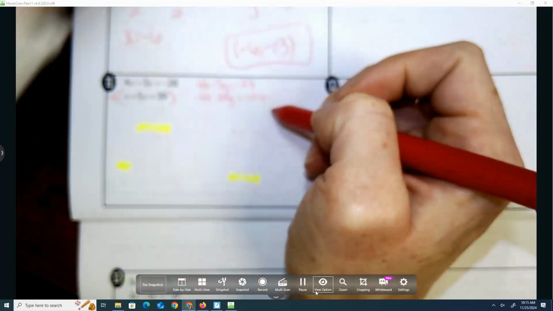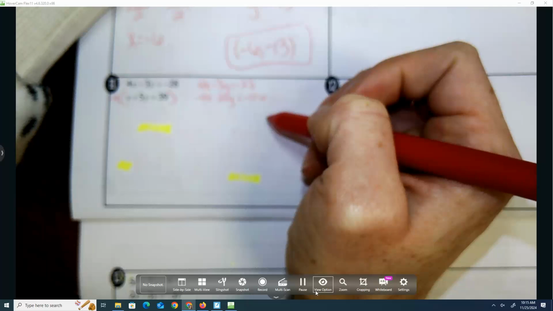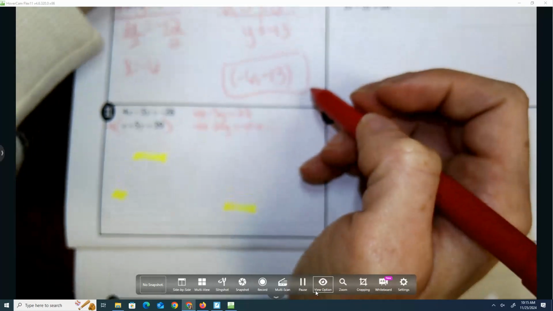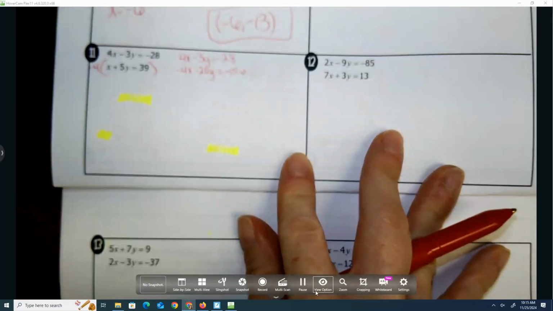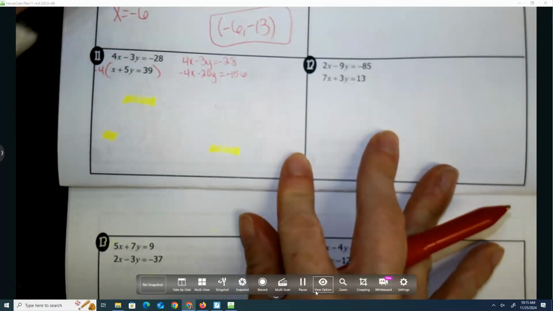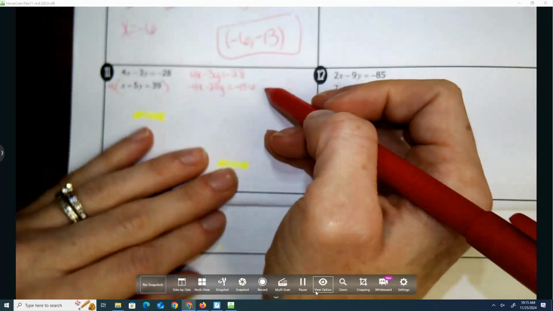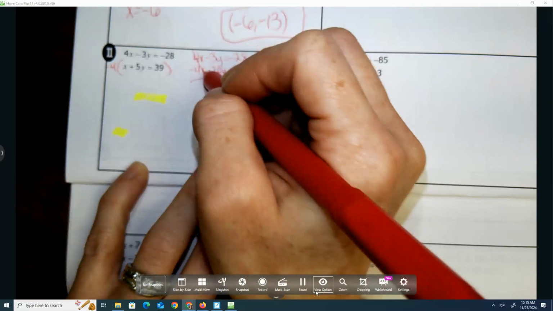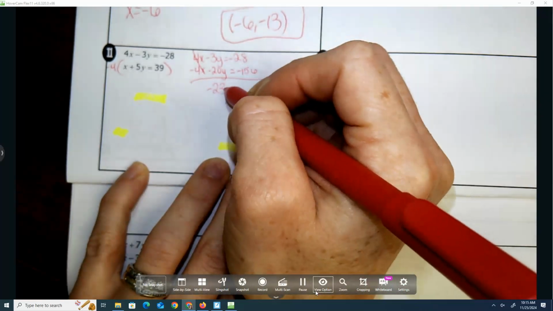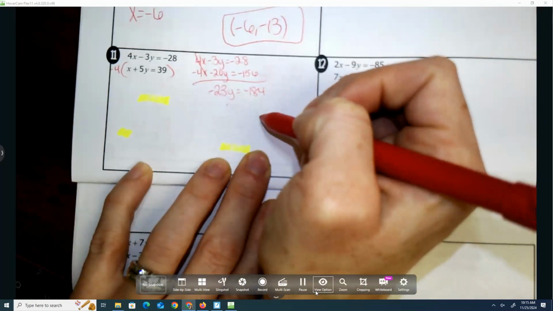So then when we add, this thing will quit zooming, that would help. Okay, when I add these, what happens to my positive 4x and -4x? That is really annoying. I don't know why it keeps doing that. They cancel. So we have -23y equals -184.